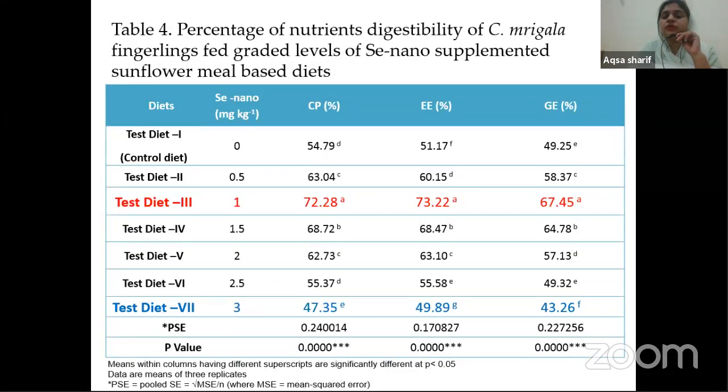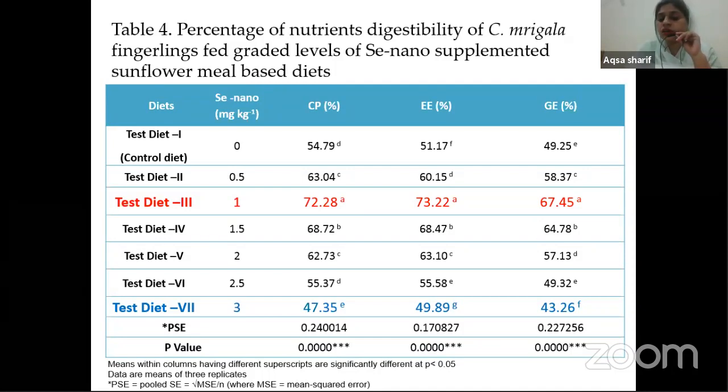Here is the percentage of nutrient digestibility of Cirrhinus mrigala. You can say the apparent digestibility coefficient. Again, the same results: good results were obtained by the test diet 3, having 1 milligram of the selenium nanoparticles, and crude protein digestibility was about 72%.